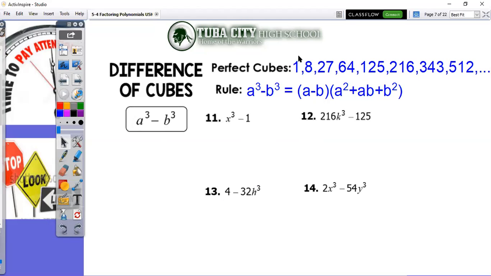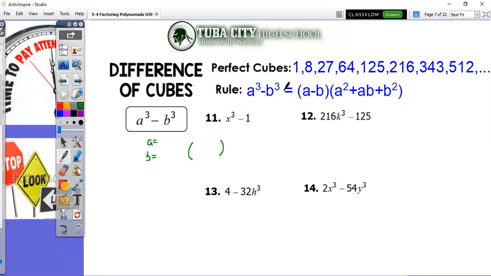So X is a cube number, and don't forget 1 is a cube number as well. Oh, sorry, identify our A's and B's. Sometimes you can get away without using it, but I would recommend it because a lot of times I notice that people will forget their A and B values, or they'll square the wrong number or take the cube root of the wrong number, so it's best to identify them.